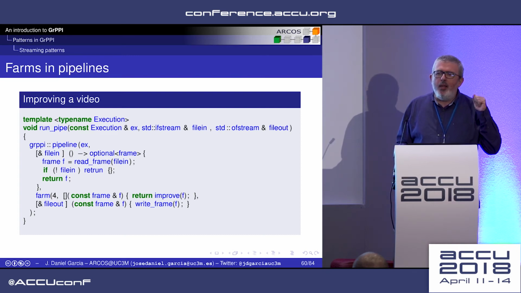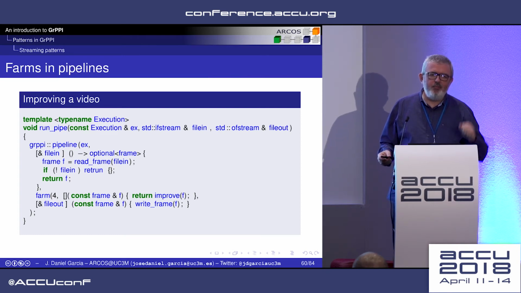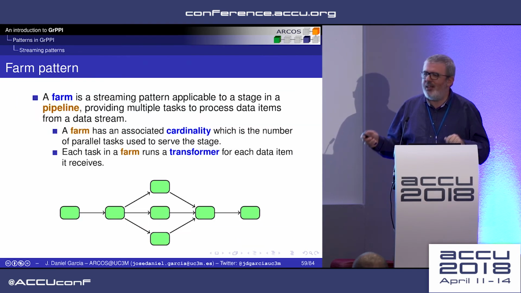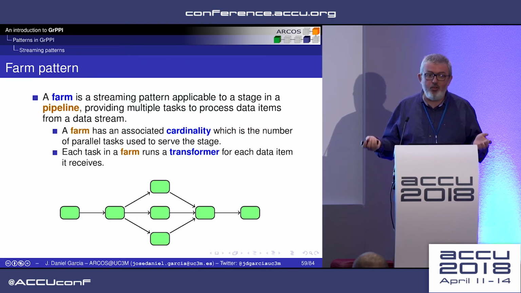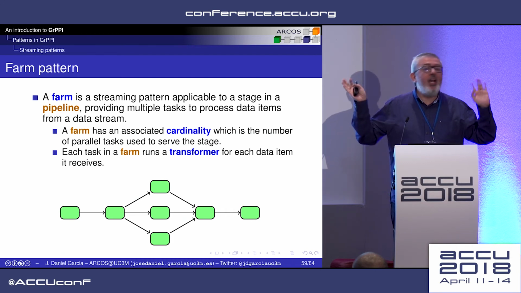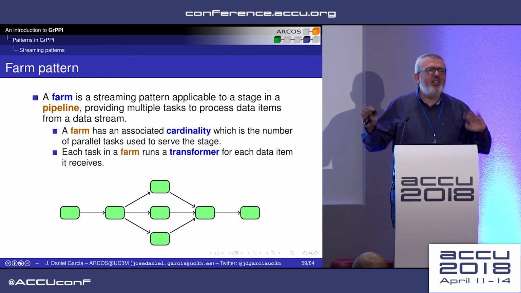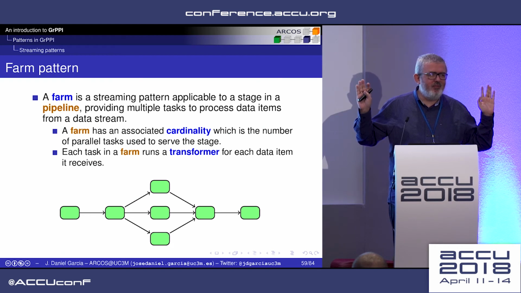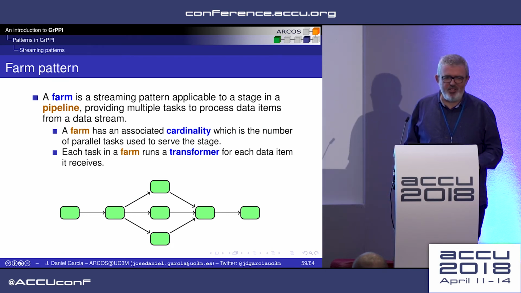By default, I think we do order, which means that we preserve order. But if you want, you can say, okay, I don't mind order, just do as fast as you can. It's your choice.